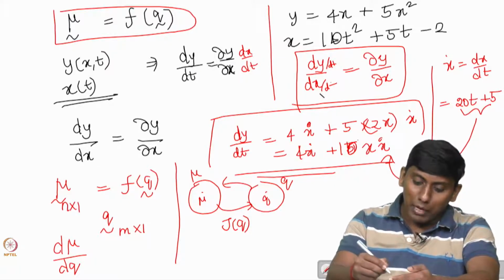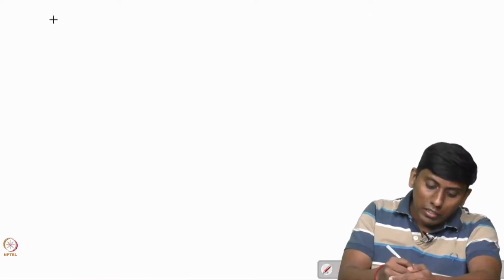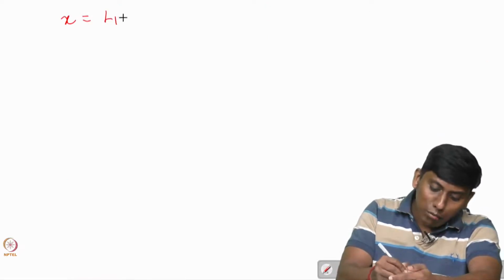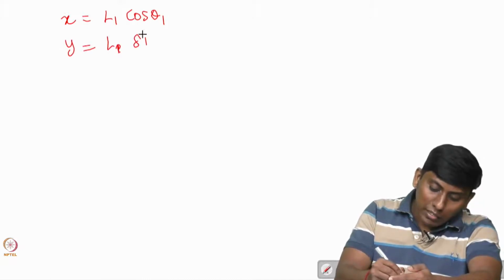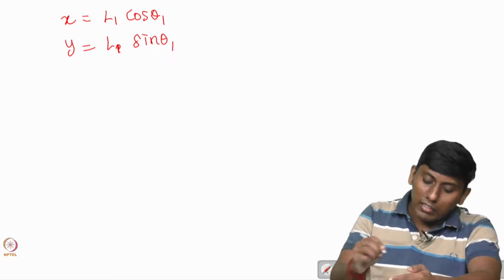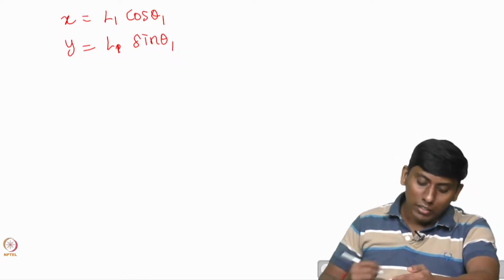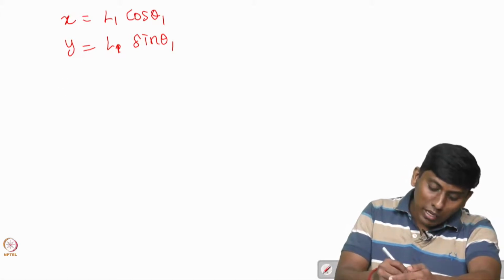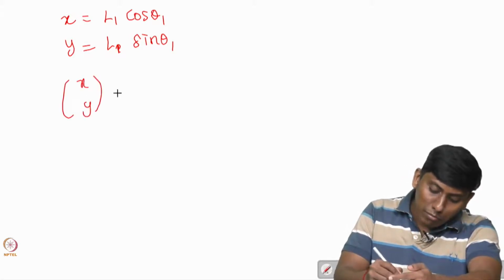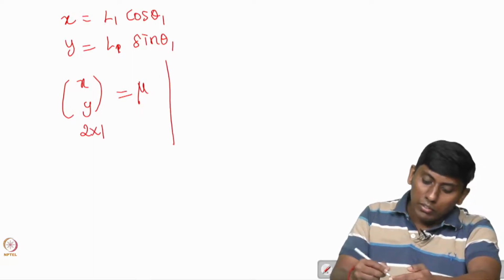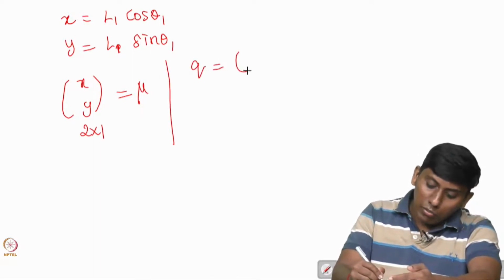So a very simple example, again I am doing it. For example, x is L1 cos theta 1, and y is L1 sin theta 1, in the sense it is a simple pendulum kind of thing, where L1 is constant. So I can write x and y as mu, which is 2 cross 1, where q is only theta 1, which is 1 cross 1.